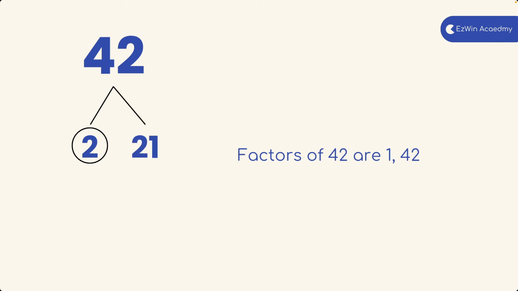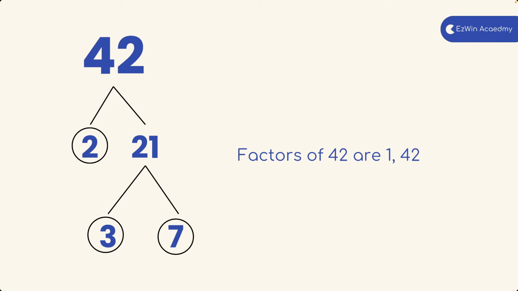And for 21, what other numbers can it be divided by? 21 can be divided by 3. Can you divide by 2? It can, but it gives us a remainder. With 3, it doesn't give us any remainder. What does it give you when you have 21 divided by 3? It gives us 7.